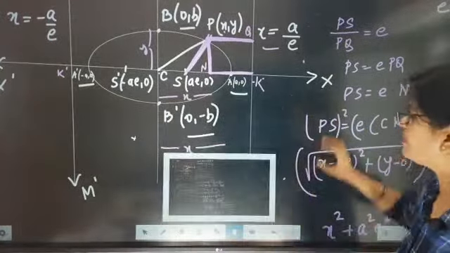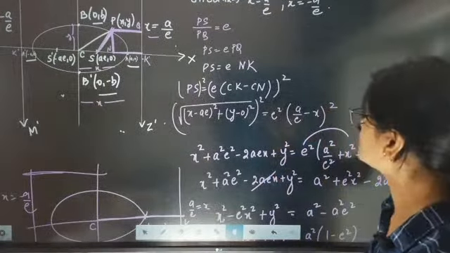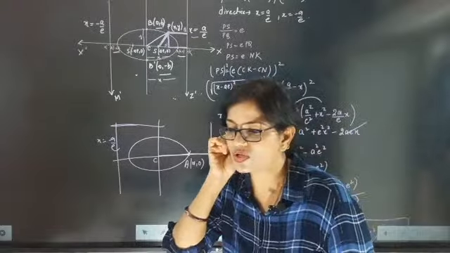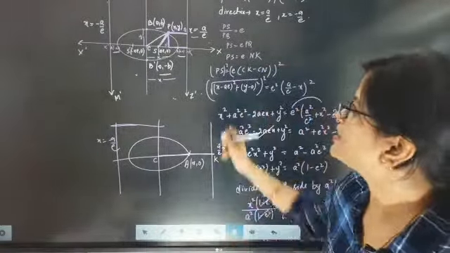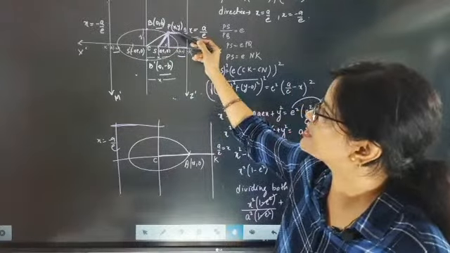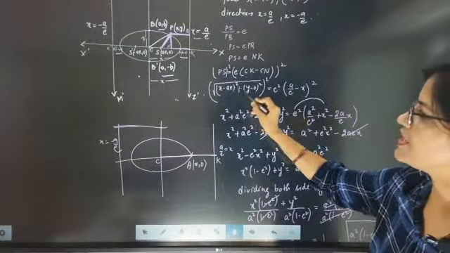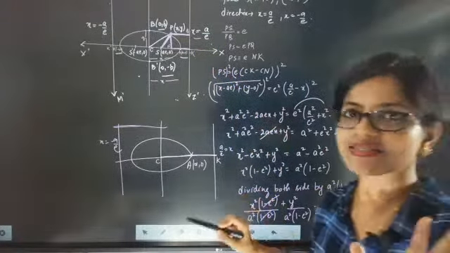Everyone quickly tell me, how have I derived the equation of ellipse? I hope you have understood the derivation of the equation of ellipse, PS by PM equal to e. I just substituted two things there. One is PS, the distance: PS is coming as the square root of (x minus ae) whole square plus (y minus 0) whole square, using the distance formula.